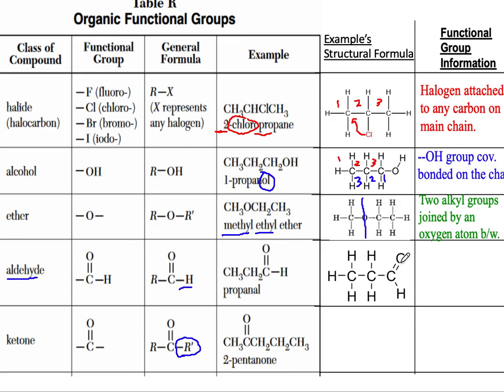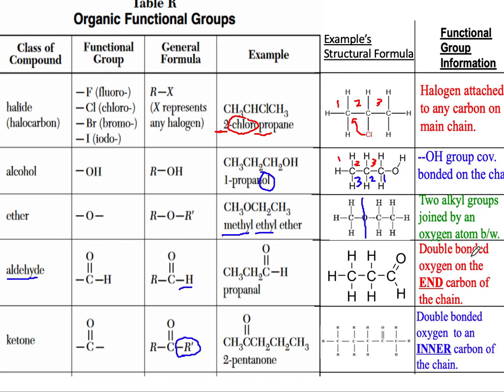So for instance, you can see this carbon has that oxygen and a hydrogen bonded to it, whereas here, it's hard to see, but you can see this carbon that has the double bond to the oxygen is not bound to a hydrogen. It's bound to a new carbon group. So in an aldehyde, the double bond is at the end of the carbon chain. In a ketone, the oxygen is on an inner carbon.